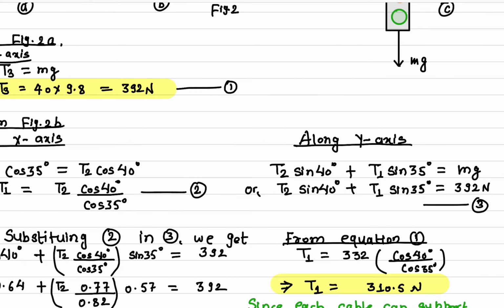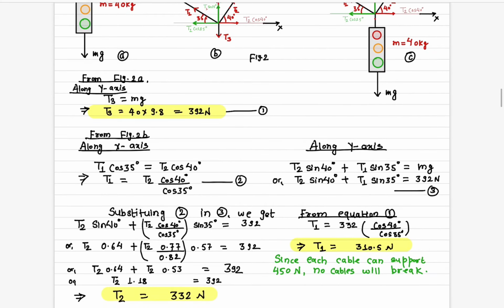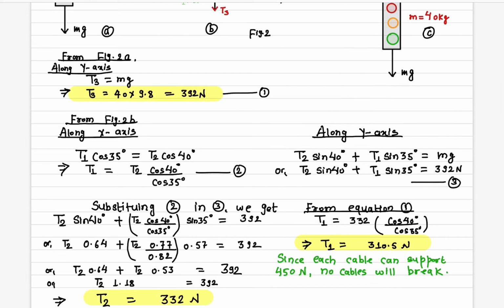So now we have two equations, equation 2 and equation 3, and we do not know T1 and T2. We have two variables and two equations. So we're going to solve the two equations now. What I'm going to do is plug the equation of T1 into this equation here.